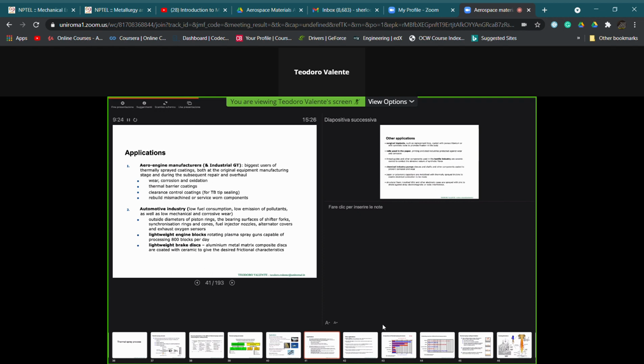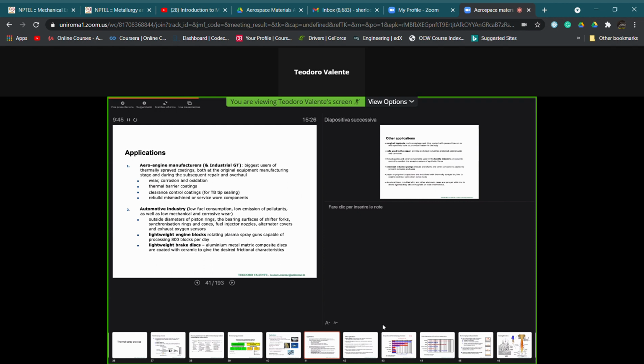Also this you cannot find on common vehicles, but you can find it in vehicles which are a little bit more expensive, including for the lightweight engine blocks, Formula One vehicles, okay?